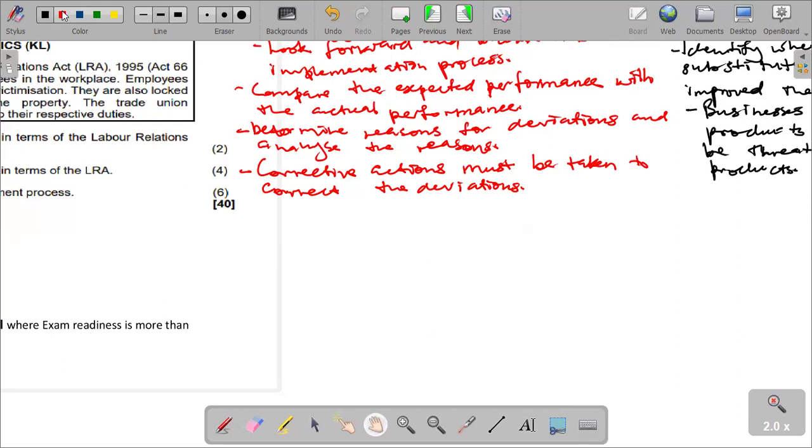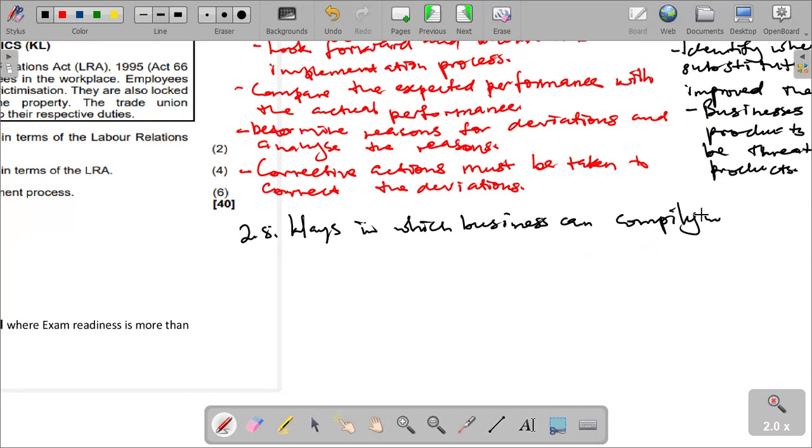That is 2.5. Ways in which businesses can comply with Employment Equity Act, which is EEA.